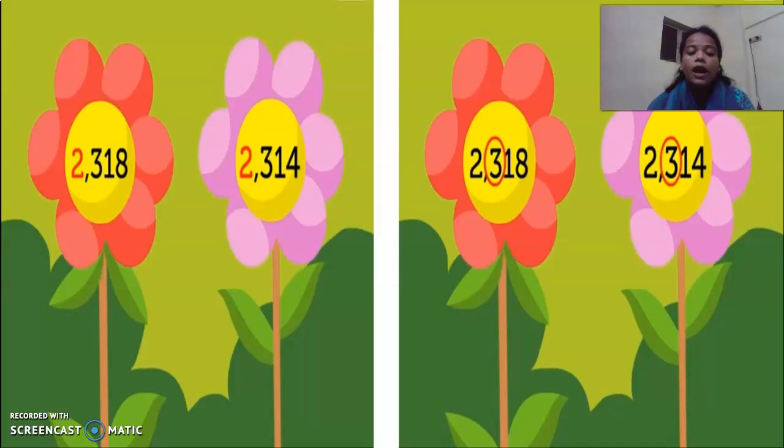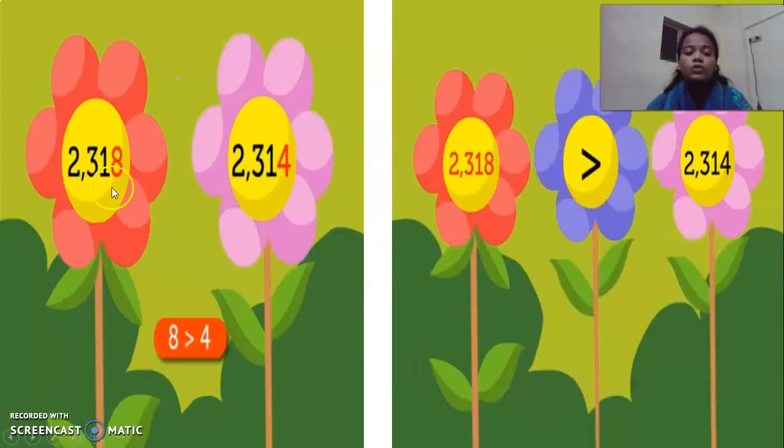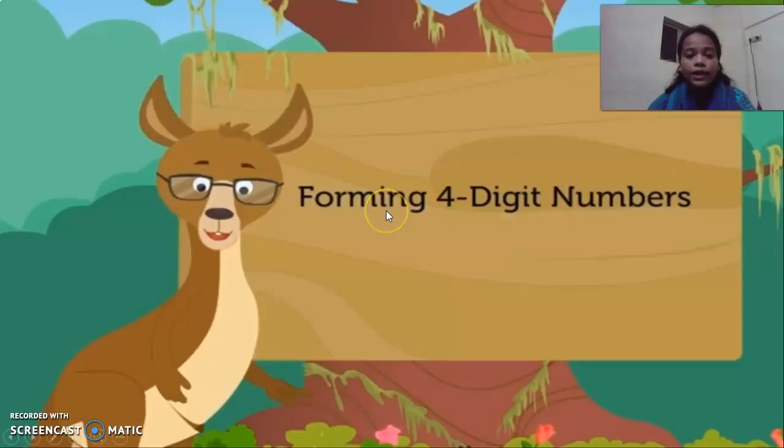But at the units place, see in the third picture on your screen, on the units place, 8 is greater than 4. Hence, 2318 is greater than 2314.